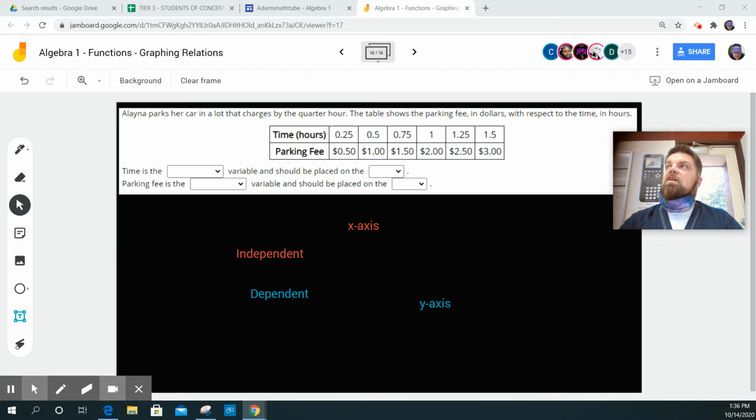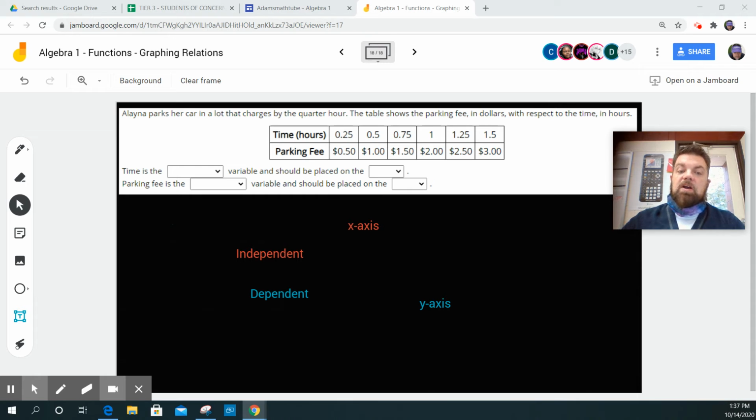So if I get in my car and I'm in a bigger city and I go to park somewhere, I'm going to pay money per hour. So remember, I said anytime you see "per" something, whatever the quantity is that follows "per" is usually the independent variable, and the thing before that is the dependent.